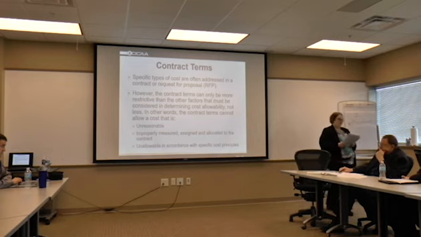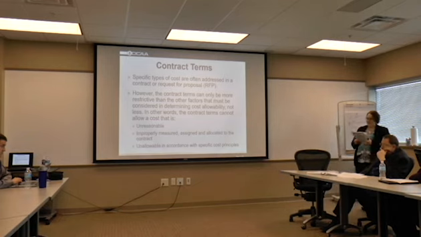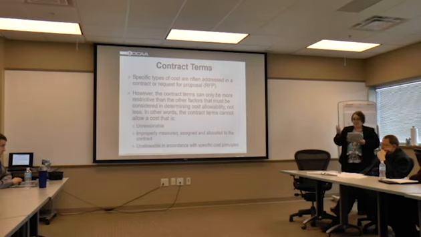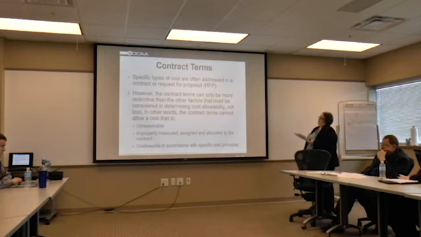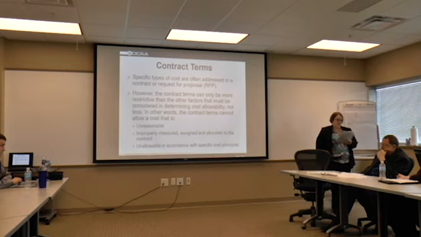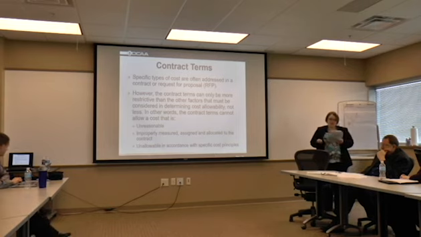Contract terms. Sometimes there are specific contract terms, which we talked about before, like the no escalation in the contract or the request for proposal. However, contract terms can only be more restrictive than other factors and must be considered in determining cost allowability, not less.